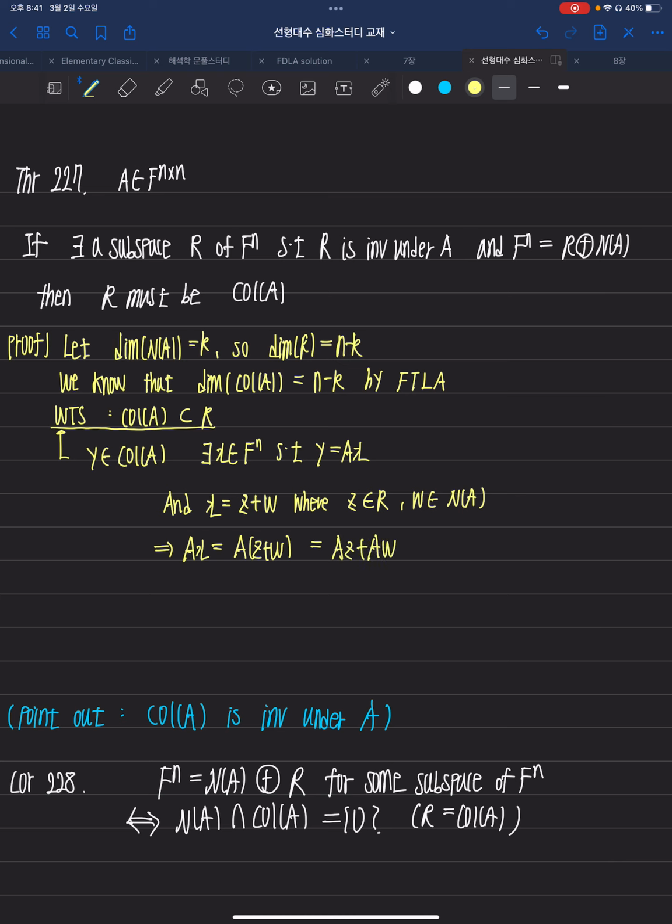Why? Because the matrix A is a linear mapping.